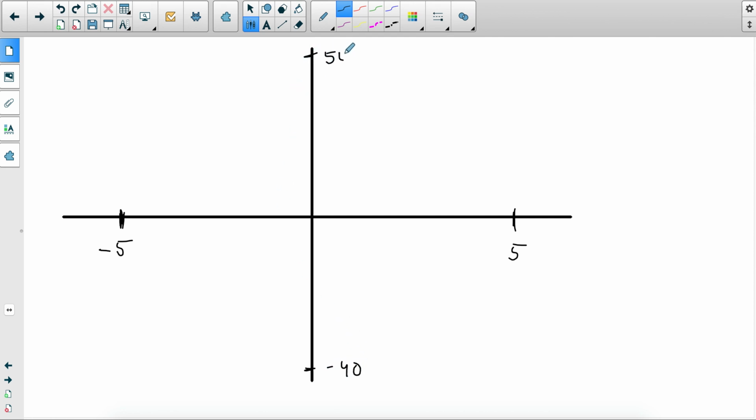Now you could always use your calculator to sketch this, and you could always put the window where the minimum for x is -5, maximum is 5, and similarly for y, the minimum would be -40 and the maximum would be 50. And you'd be able to see what kind of sketch you're expected to do.